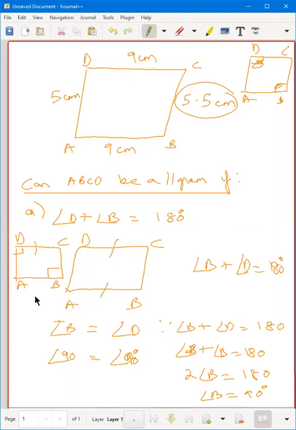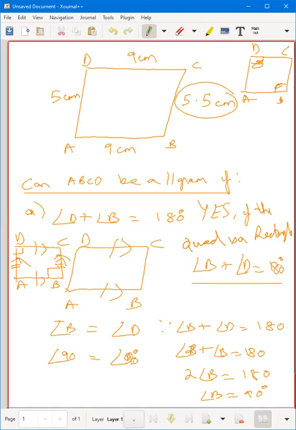So we know the opposite sides are equal and they are also parallel. So if angle B and D add up to 180 degrees, can this quadrilateral be a parallelogram? The answer is yes, if the quadrilateral is a rectangle. Did everybody understand this? Okay. Everyone understood?